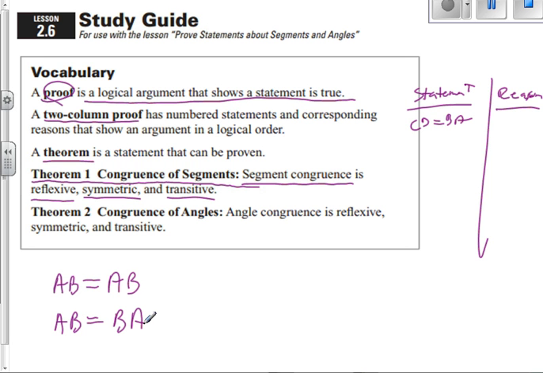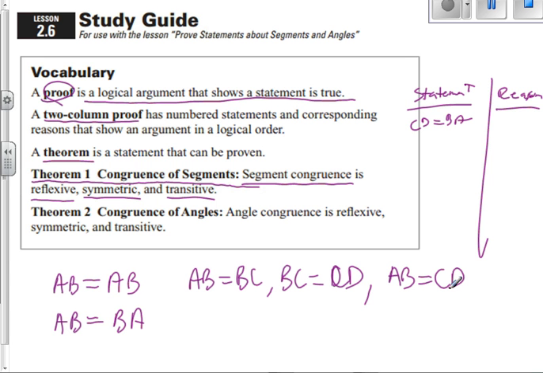And for the transitive, we might say if AB is equal to BC, and BC is equal to CD, then AB will be equal to CD. That's an example of transitive.